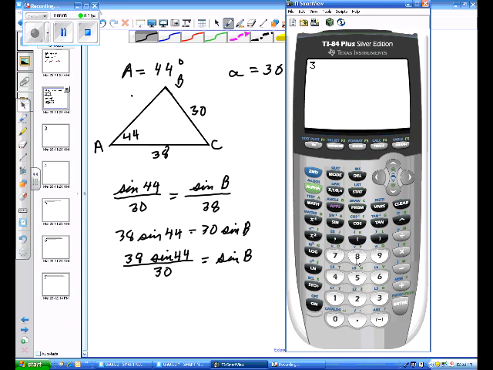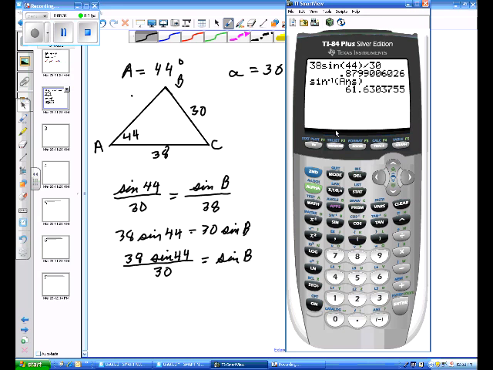So we can do 38 times the sine of 44 divided by 30, enter. Now that's the sine of angle B. So now we've got to go back and say second sine, and we can just do second answer. It'll pull that answer back up. And so we get that angle B is 62 degrees.